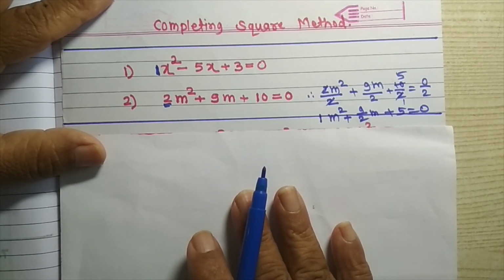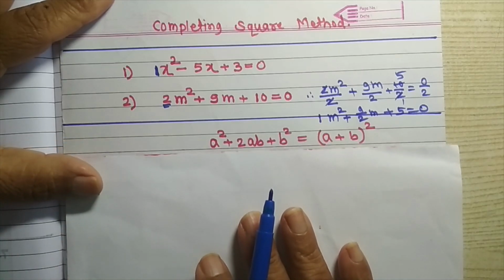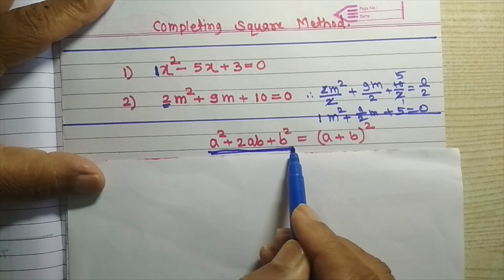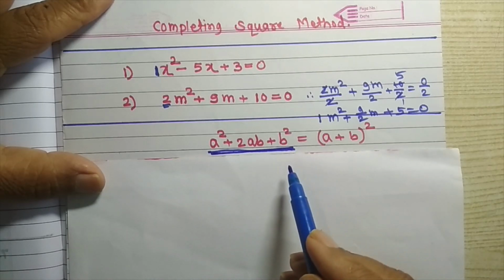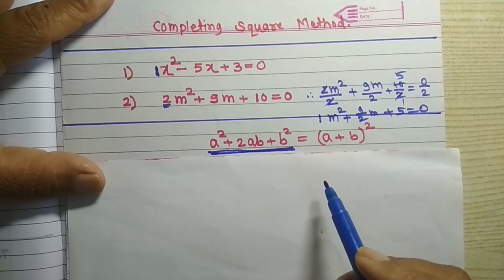What is the complete square we have to see here. A square plus 2ab plus b square is the expansion of a plus b bracket square.